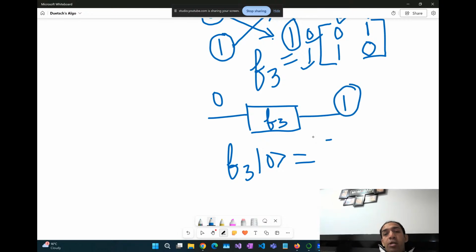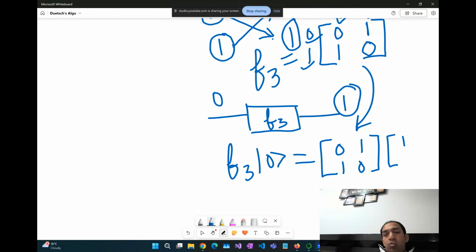F3 is nothing but the same matrix which we have: 0, 1, 1, 0. And how do we represent this particular ket 0? It's 1, 0. Now, if you just multiply it, you will get 0 and 1, which is nothing but ket 1.